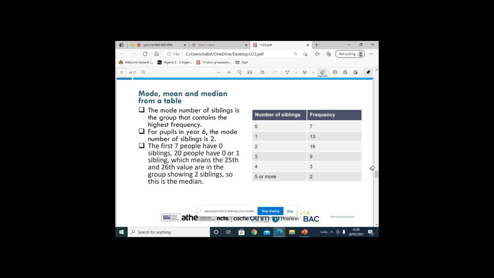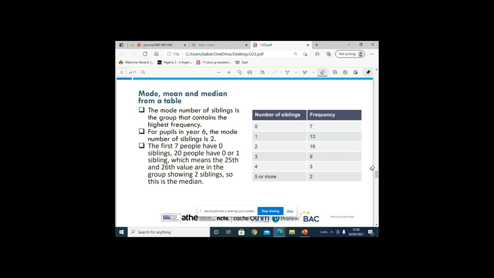It's already structured. When you want to find the mean, median, and mode and they give you a frequency table, look at this table. This table tells us the number of siblings. People that don't have siblings at all are 7.